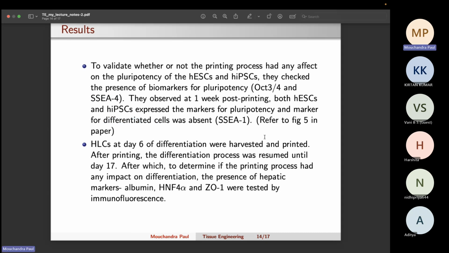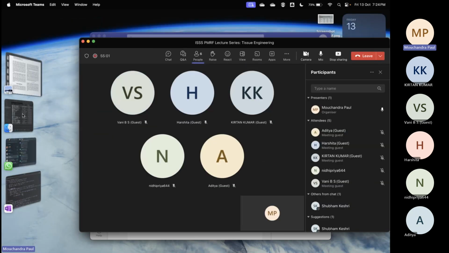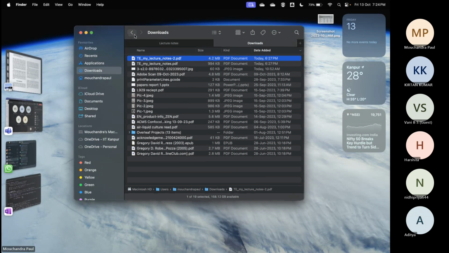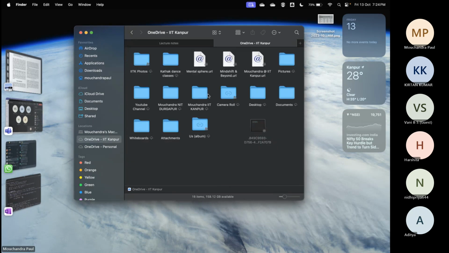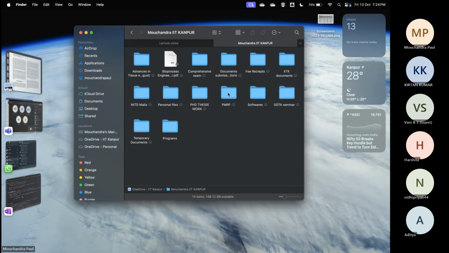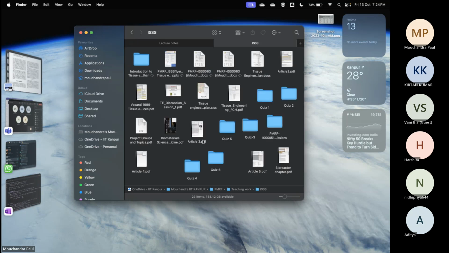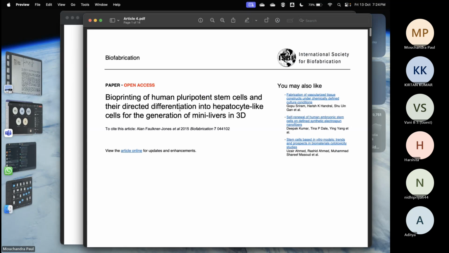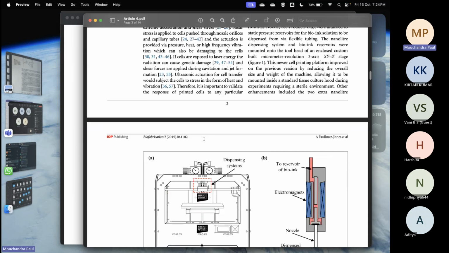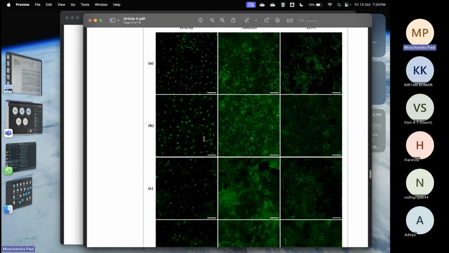Now, if you refer to the paper, I have not shown the graph because it is a very big graph. Let me show you. So I'm talking about this graph.